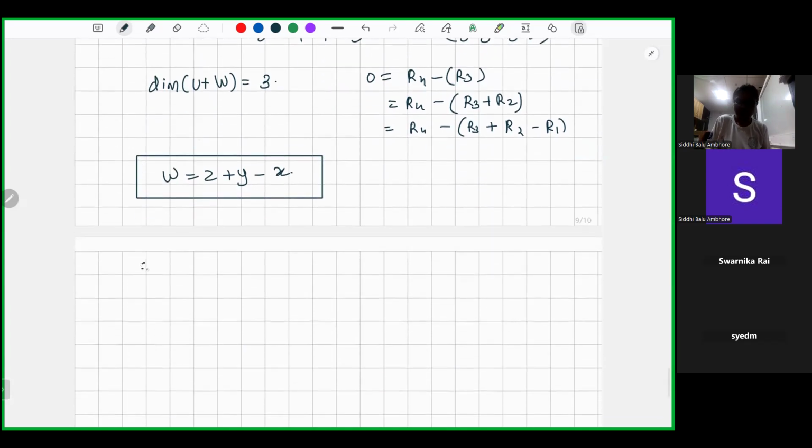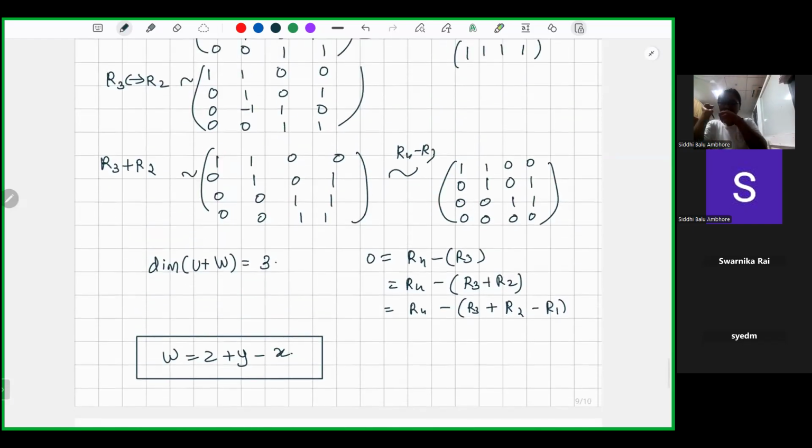Okay, so therefore, dimension of U plus W is 3, and dimension. How did you get this 0 is equal to R4 minus R3? I'm just tracing what is happening to R4. So see, when we got R4 is equal to 0, it means R4 is a linear combination of other things.